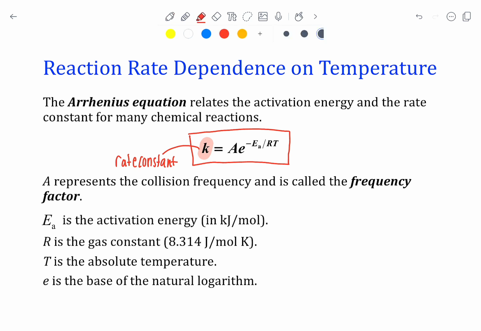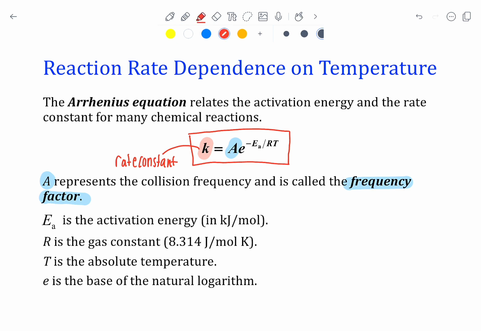A is something called the frequency factor, and it represents the collision frequency for a given reaction. So if the frequency factor is low, then there's not many collisions happening. If there's not many collisions, then we're not going to have a very fast rate because there's not much product being formed.